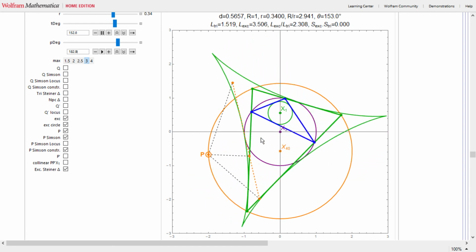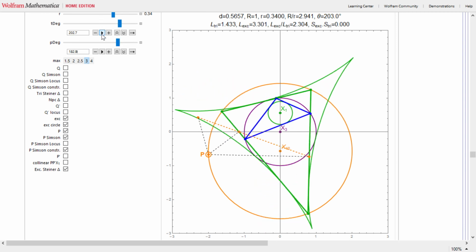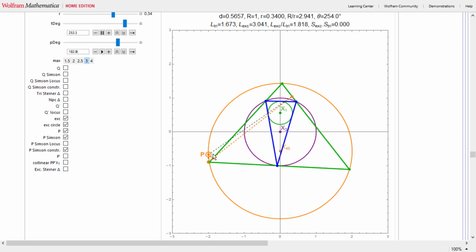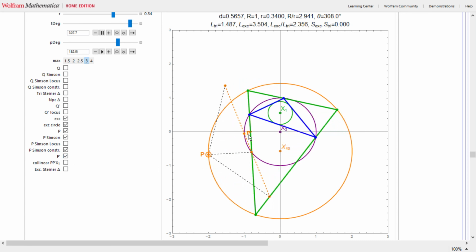Okay, all right, but this is not the phenomenon. The phenomenon lies in not considering that deltoid over all P's on the circumcircle, but actually watching what happens to this Simson line as I simply animate the poristic. As I do this, the excentral Simson line is moving for a fixed P, and it is also turning about a fixed point P prime.